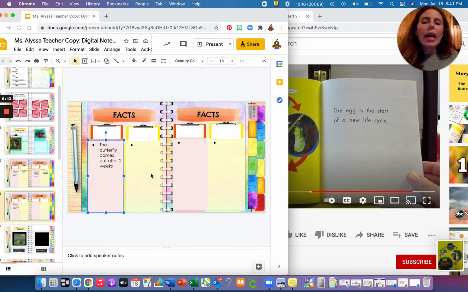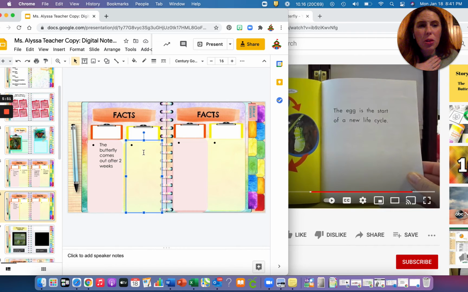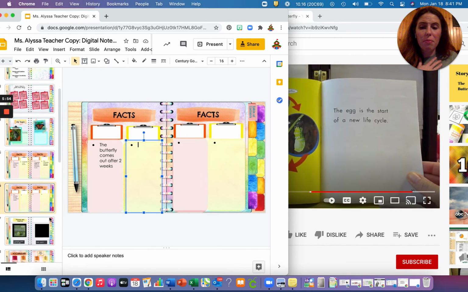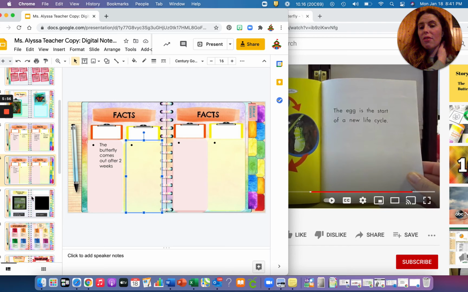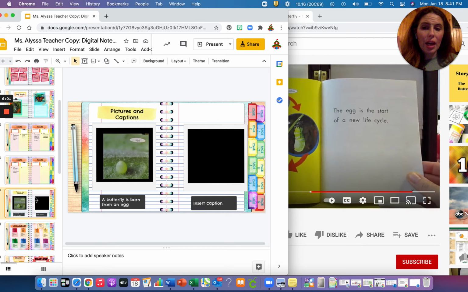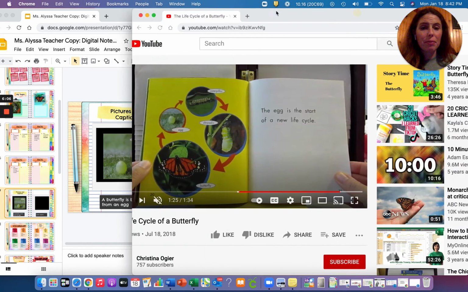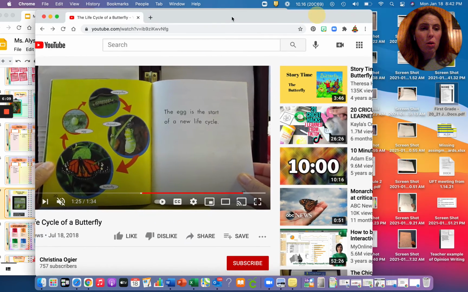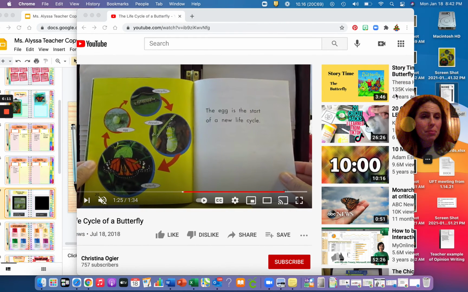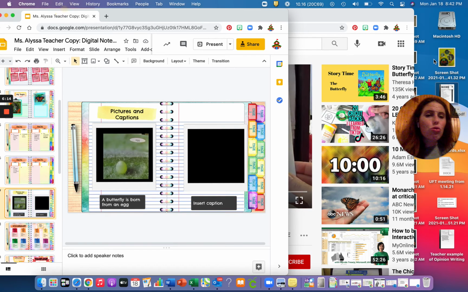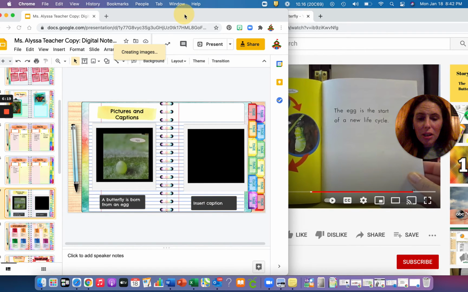Now, I have space on my notebook still where I could write more facts, but I want to use that picture for information. So you'll notice that your teacher has given you some slides that look like they have little Polaroid pictures on them, okay? I've already kept one picture of an egg because I thought that was very important. I am now going to go to my desktop and drag the picture I just took right into my notebook.